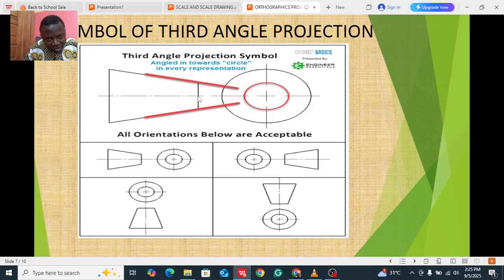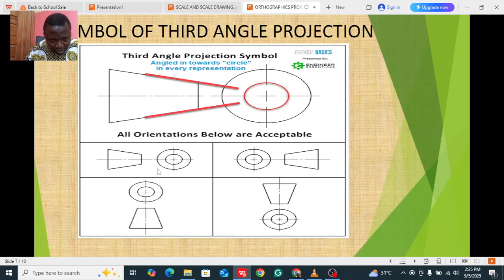But in third angle projection, the smallest length of the trapezium is the one that is closest to the concentric circles. And this arrangement is valid irrespective of whether the circles come first or the trapezium comes first.